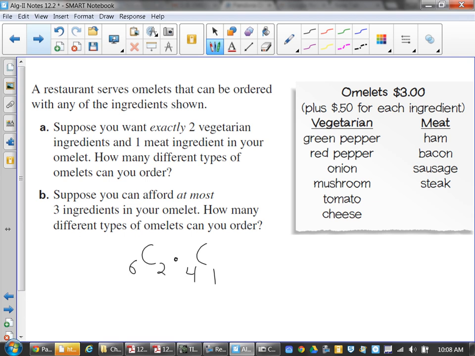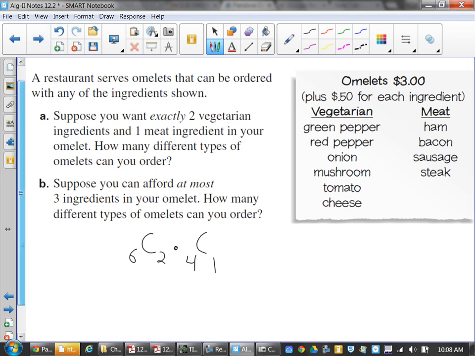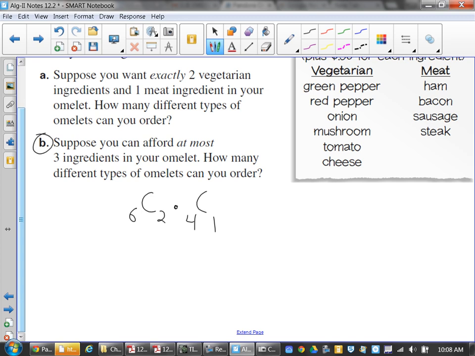Now, the other one says you can afford at most 3 ingredients in your omelet. How many different omelets can you order? Well, if you're going to be at most, that means you can pick no ingredients, just an egg, or 1 ingredient, or 2 ingredients, or 3 ingredients. Does that make sense? So what you're looking at there is you've got these combinations for part B. There are 3 ingredients is what you pick out of. Out of what? 10 ingredients. Correct. And I was just about to say, it doesn't designate meat or vegetable. It just says ingredients. How many ingredients are there?